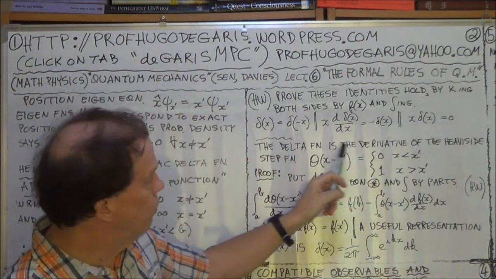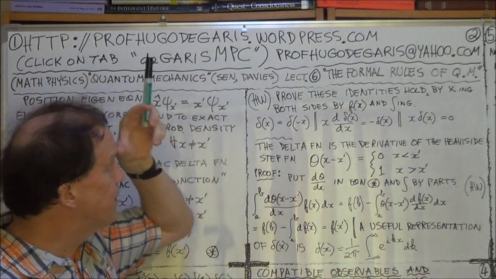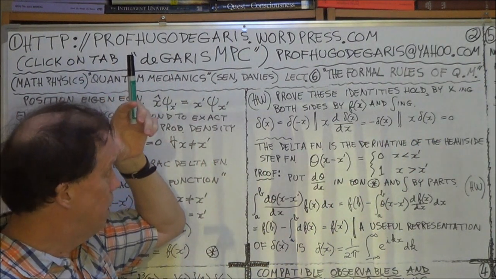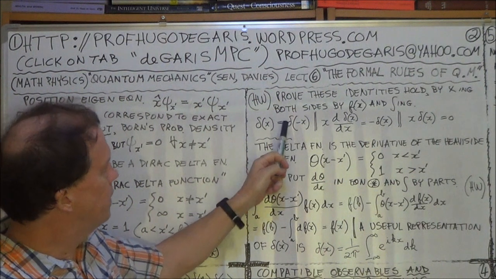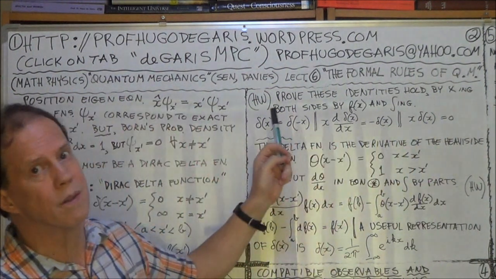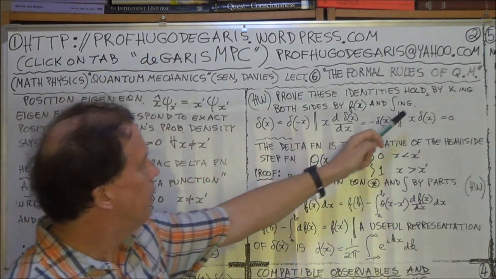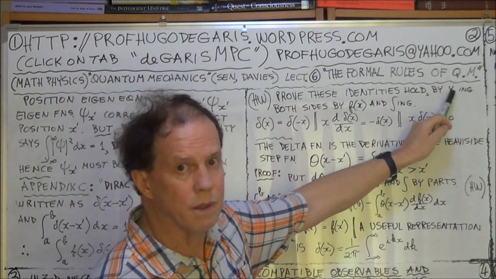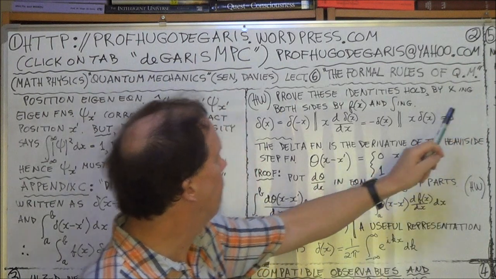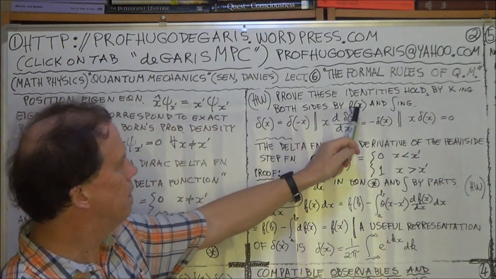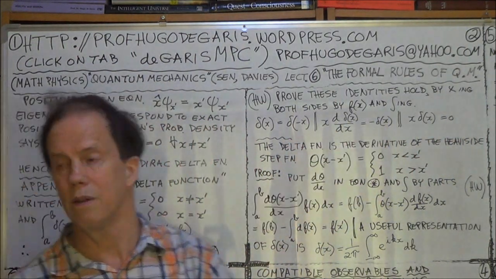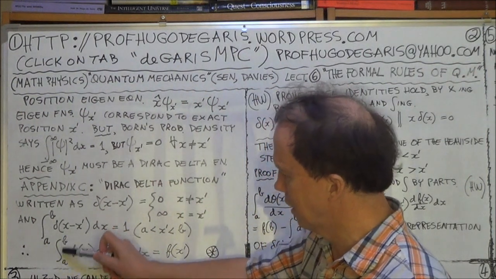For homework, prove these three results, and the method of doing that is to multiply both sides in all three cases, three different identities, three different equations, by f of x, and then integrating. So sort of like this, integrating like that.